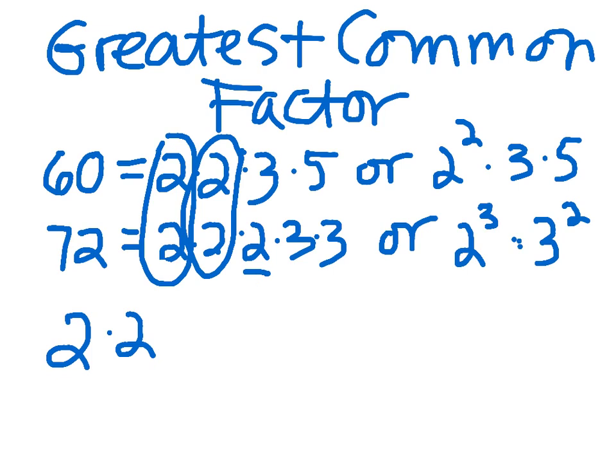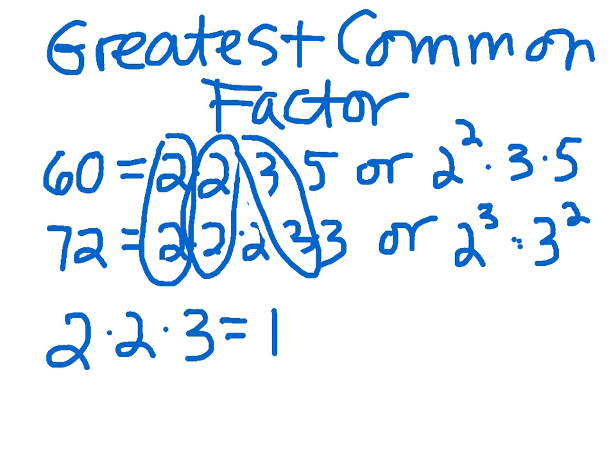This third 2 isn't present in 60, so it's not a common factor. However, we also have a 3 that's in common. When I multiply these together, I can see that that equals 12, and 12 is the GCF of 60 and 72.